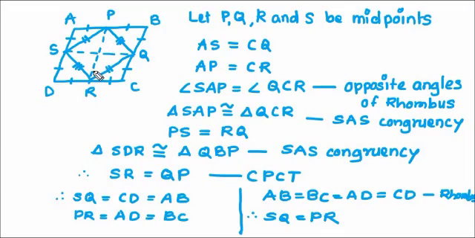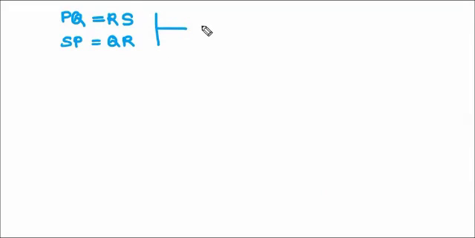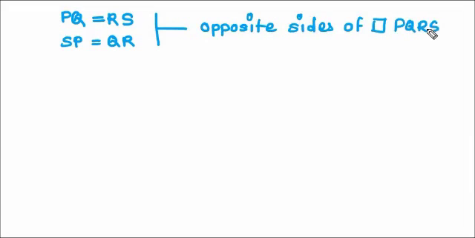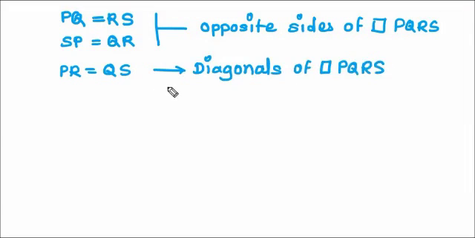So what we have proved till now is, we have proved that these are opposite sides of PQRS and they are equal, as well as we have proved that even they are equal.